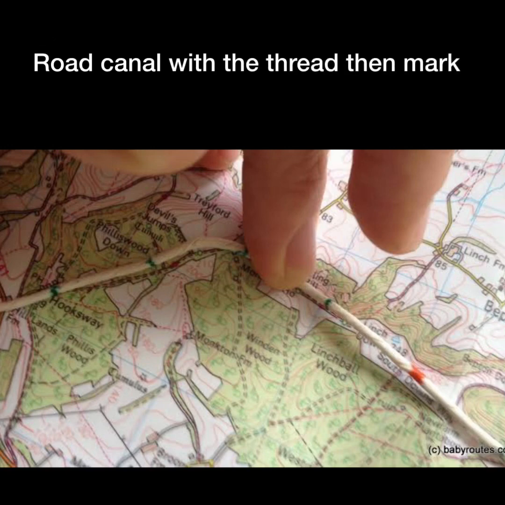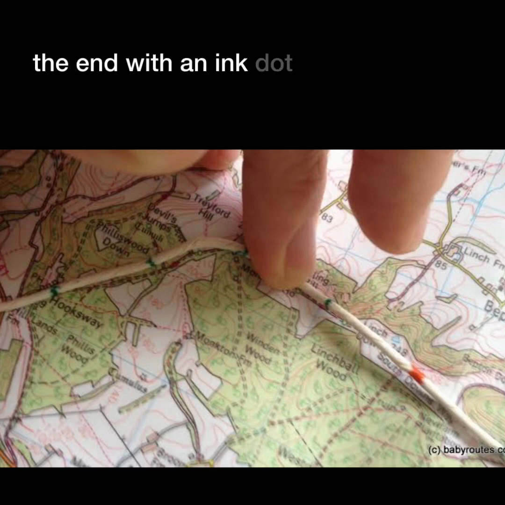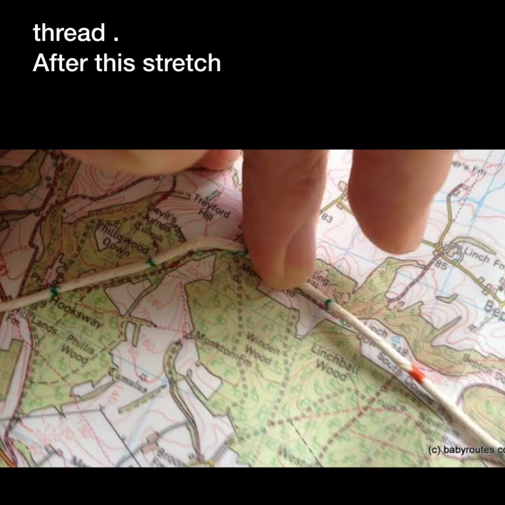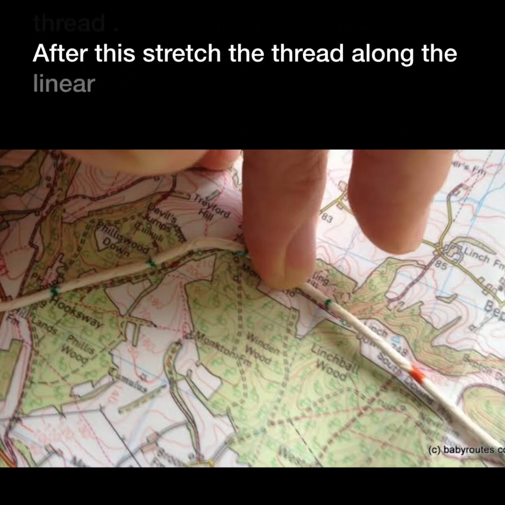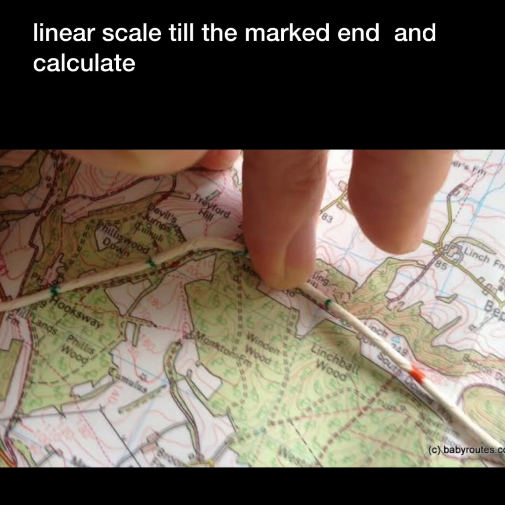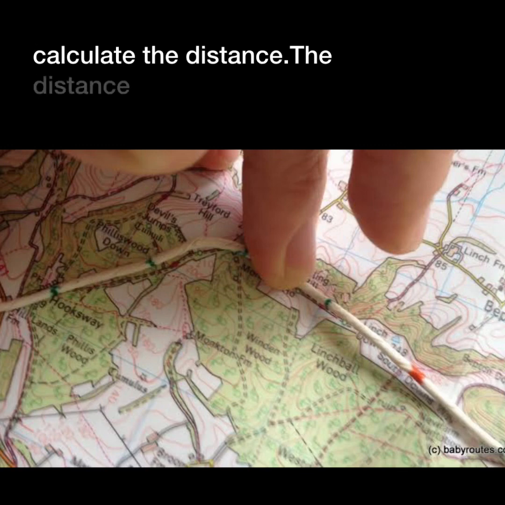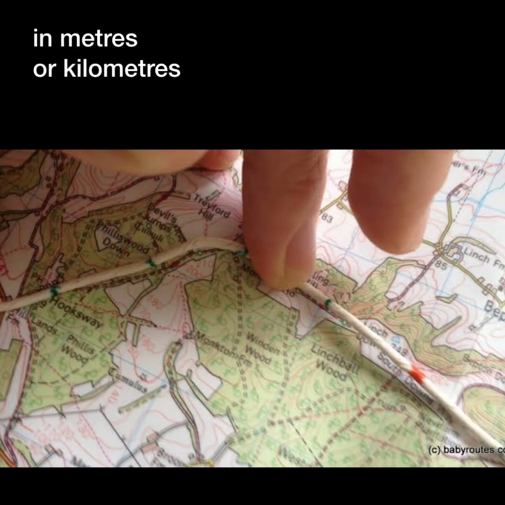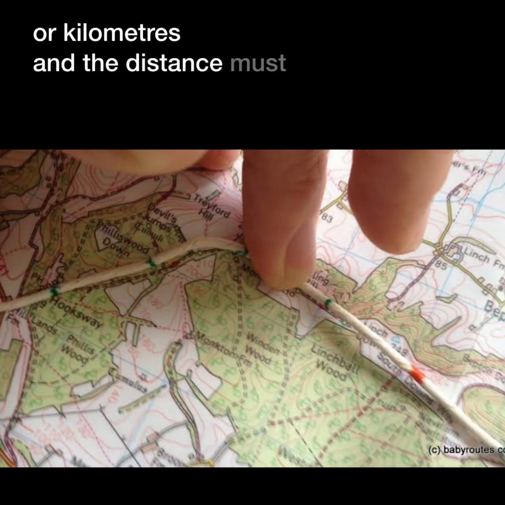Then mark the end with an ink dot on the thread. After this, stretch the thread along the linear scale till the marked end and calculate the distance. The distance can be calculated in meters or kilometers, and the distance must be mentioned approximately.